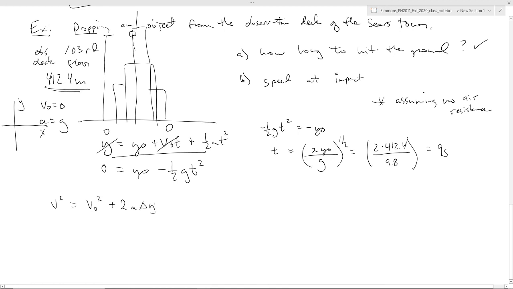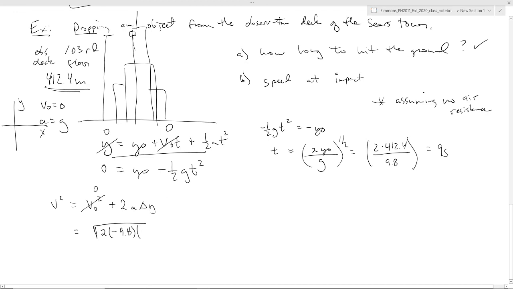The distance that we've gone through is going to be the change in height. So again, we wouldn't have an initial velocity. Our change in height is going to be y minus y naught. We're going to have a square root here of 2. Remember, the acceleration is negative 9.8.